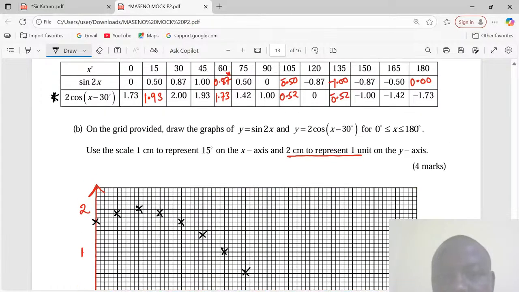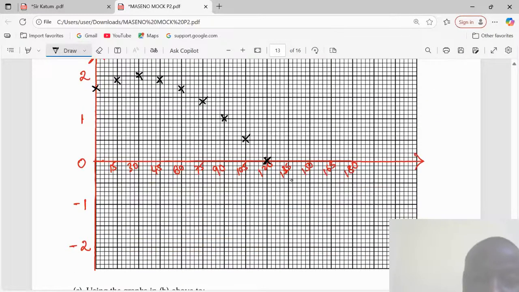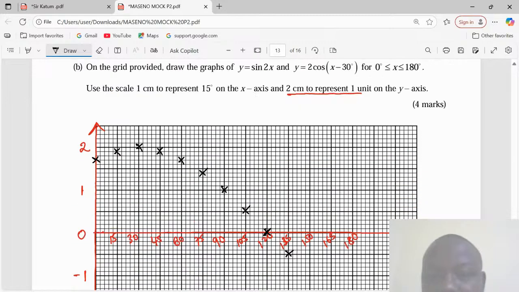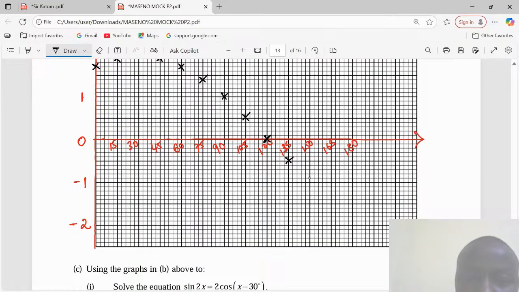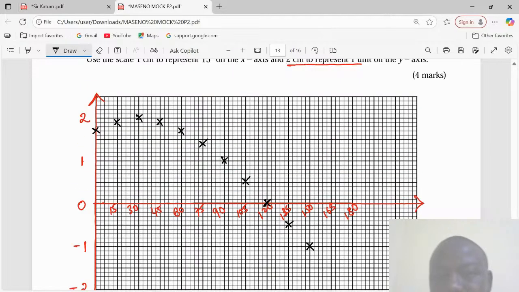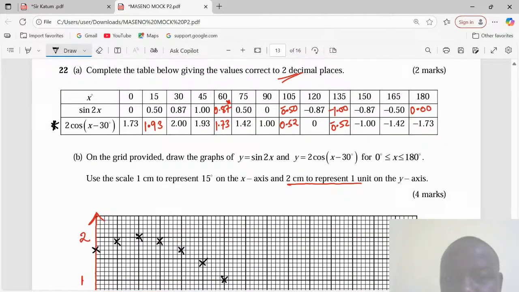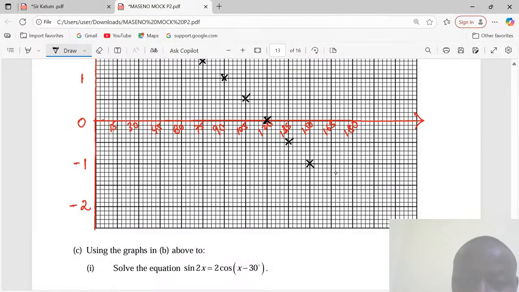Then 135 goes with negative 0.5. Here we have 150 that will go with negative 1. 165 goes with negative 1.4.